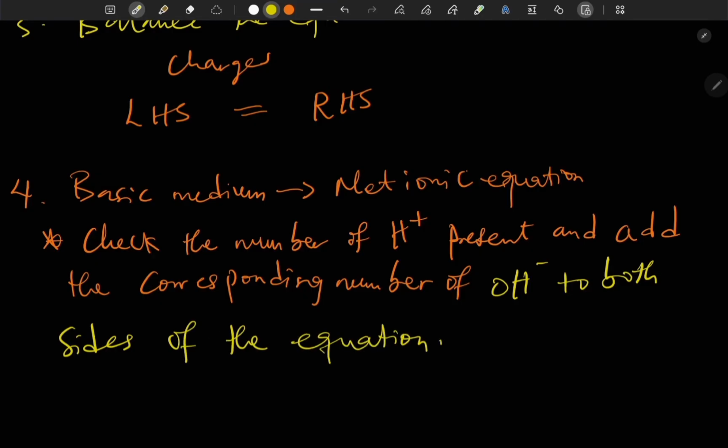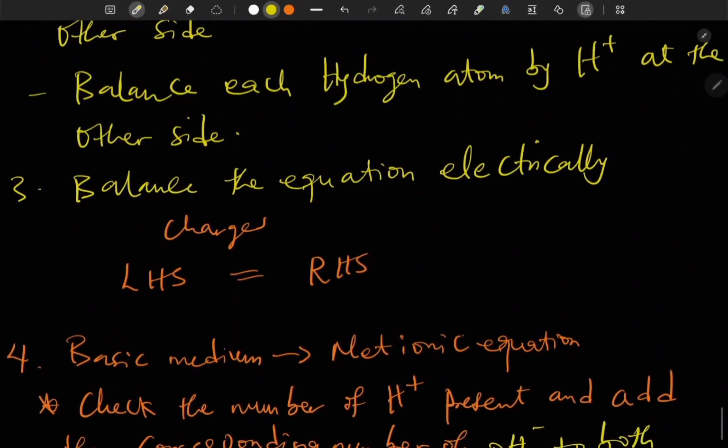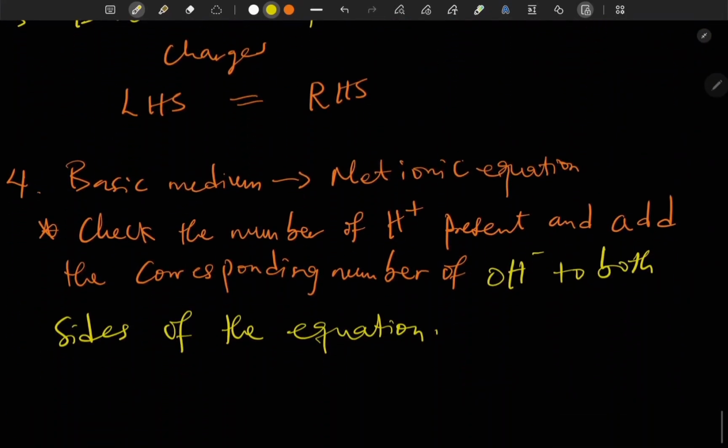So let's say after you balance the equation following these 3 steps above, you arrive at a net ionic equation as if you balanced in acidic medium. Now, to convert it to basic medium, you follow this 4th step. You check the number of hydrogen ions present and add the corresponding number of hydroxide ions to both sides of the equation. As simple as that.